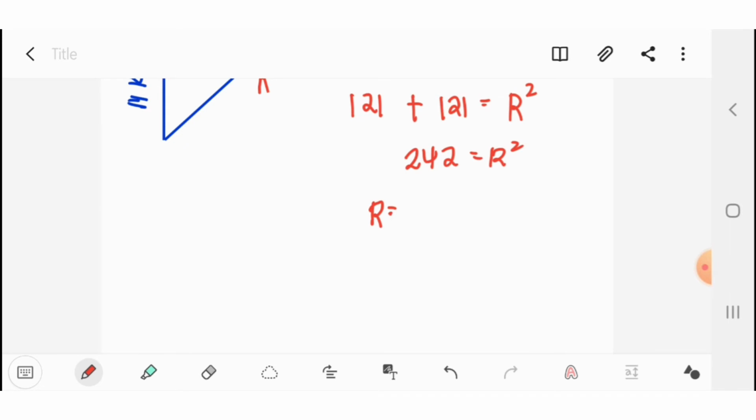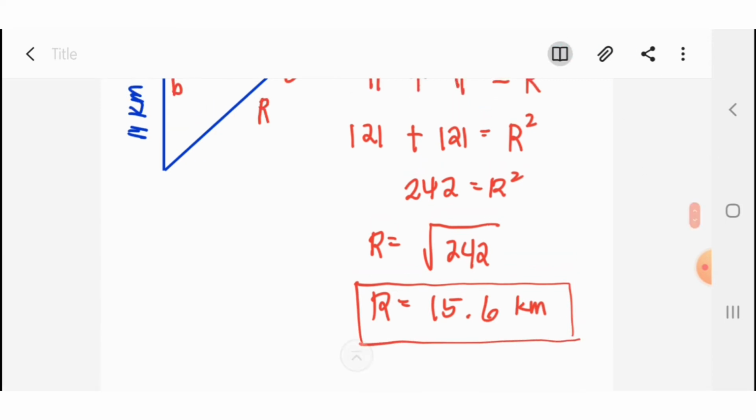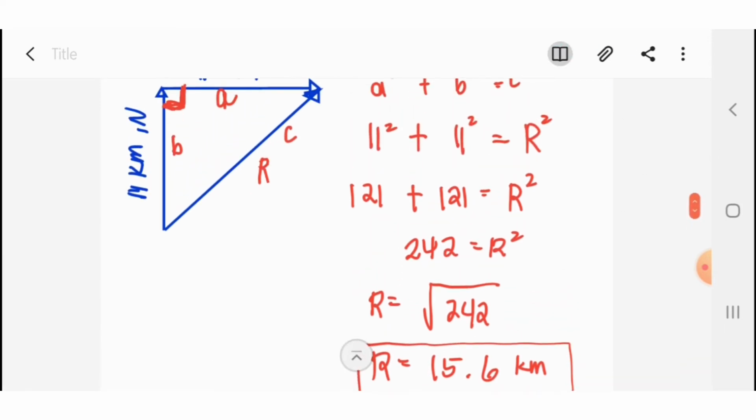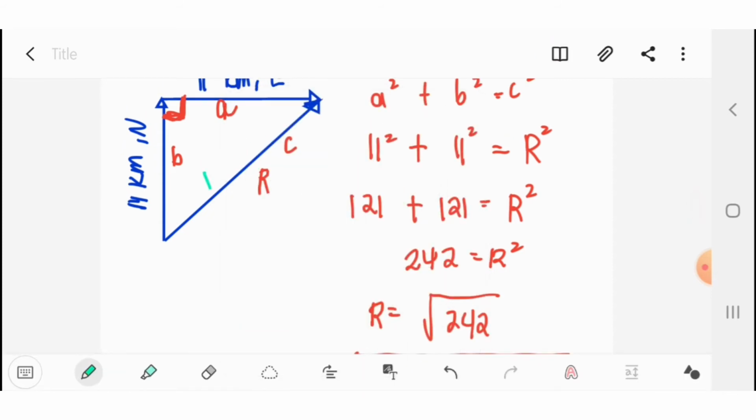So R is equal to the square root of 242. Therefore, R is equal to 15.6 kilometers, since your unit is kilometers. Therefore, the answer or the resultant is 15.6 kilometers.